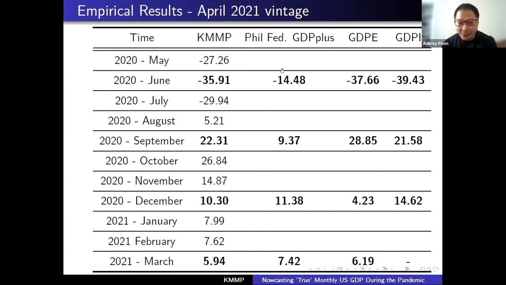I'm not sure, but this is quite extreme. In terms of our model, we get something close to the observed GDP measures. Looking at the third quarter of 2020, they're saying true GDP was about 9%, but GDPE and GDPI were observed at around 28% and 21%. What our model says is about 22%.